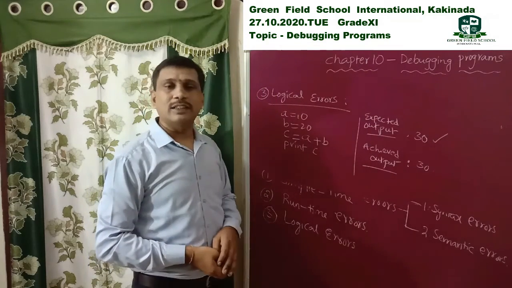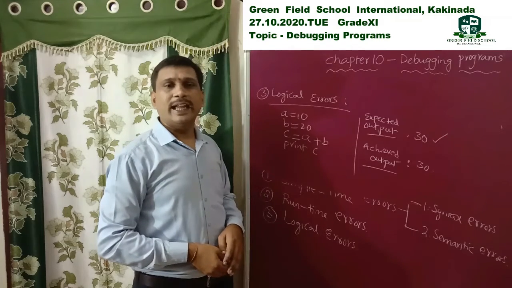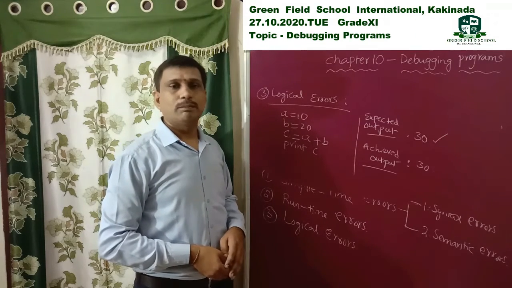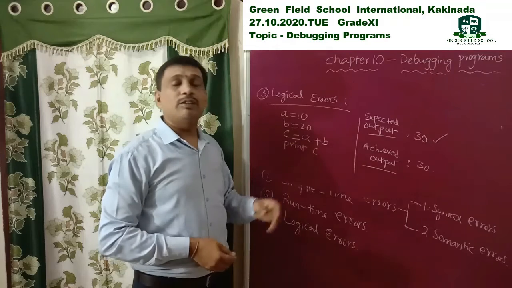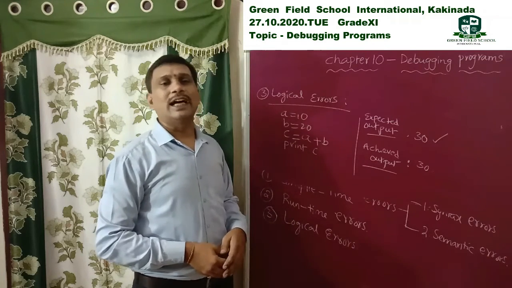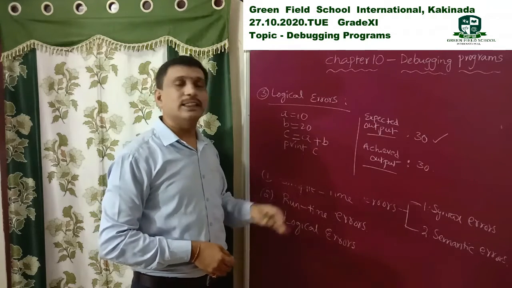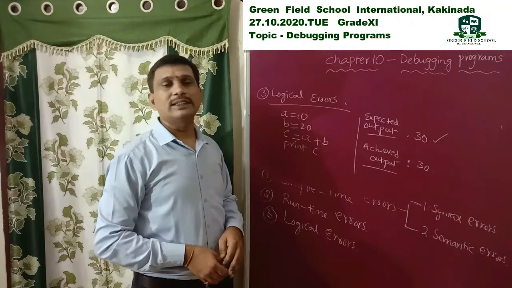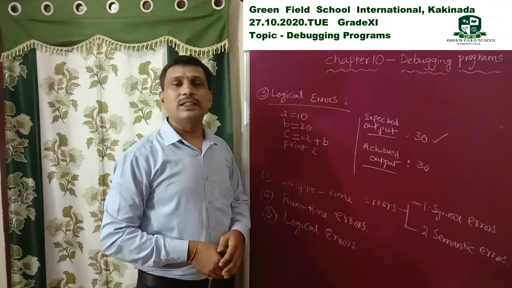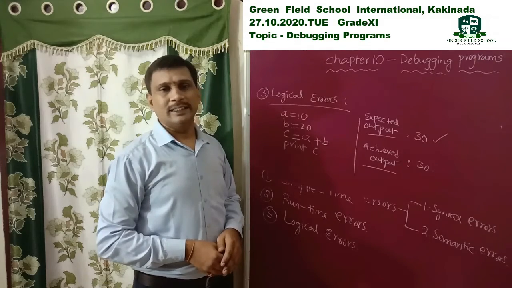Algorithmically we should write plus here, but because of the programmer's mistake, in place of plus we wrote star. That's why it returns 200. So we change that star to plus, then it displays the correct value. So this is the concept of logical errors.